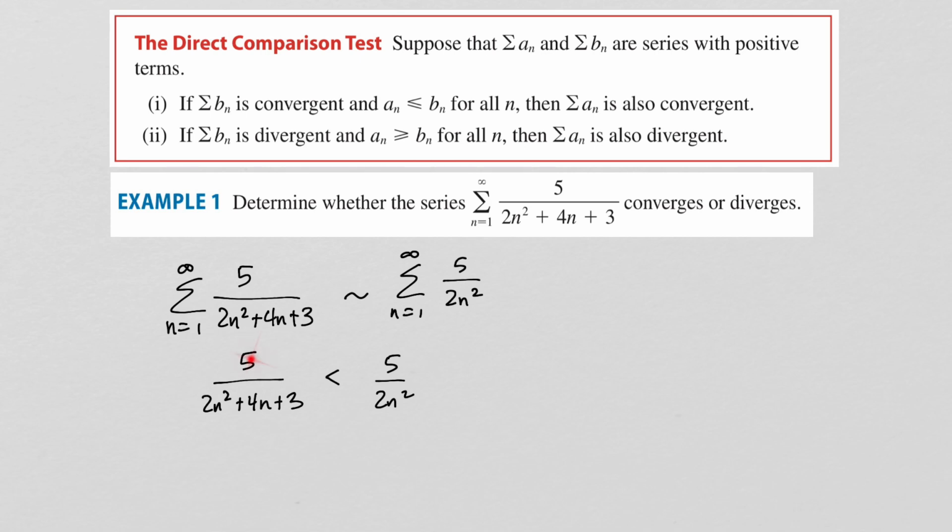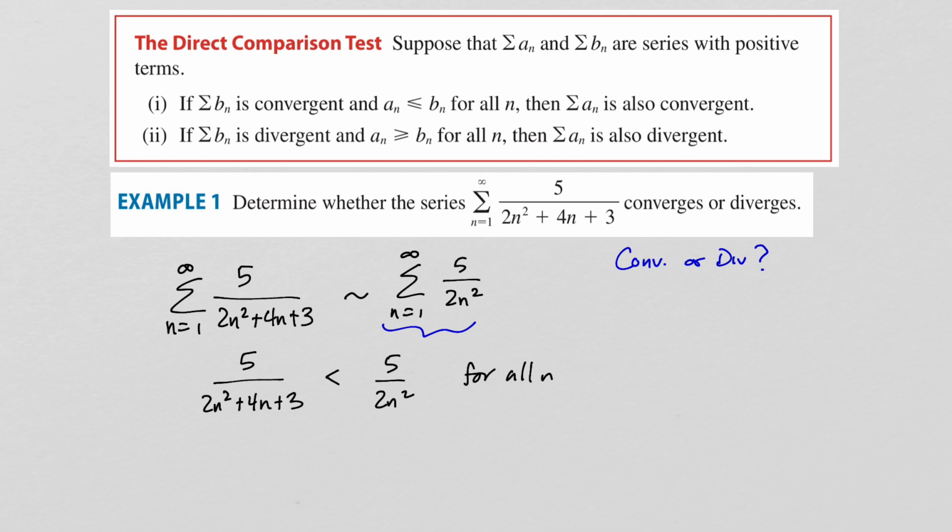So if we take the number 5 and we divide it by a larger number, that is going to be smaller than taking the number 5 and dividing it by a smaller number. So we know that this is true for all values of n. Then the big question is, what does this series do? Does this series here converge or does it diverge?